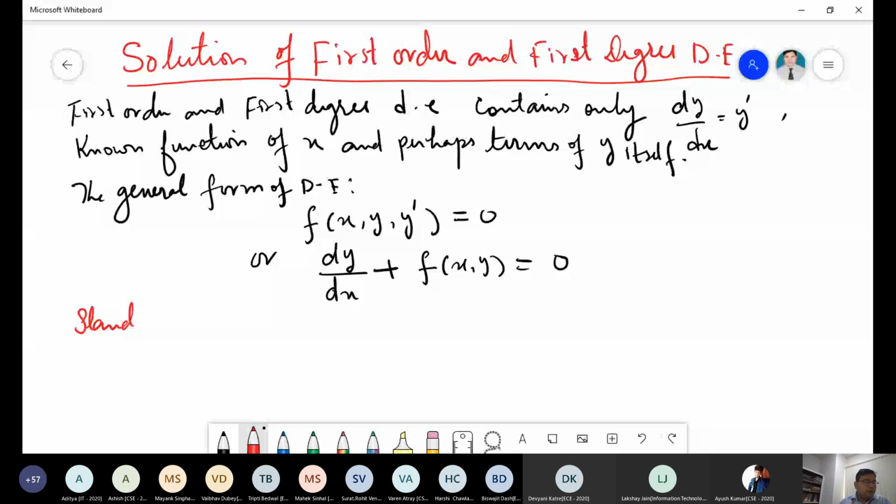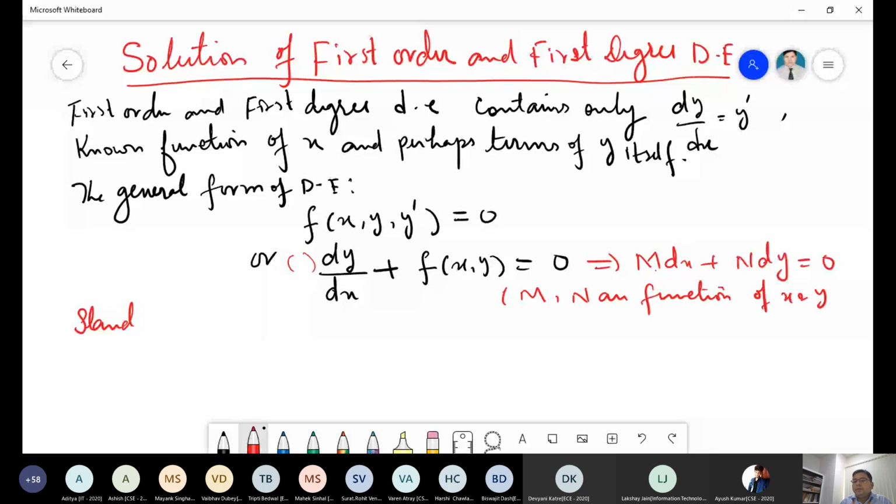Now see, this equation can also be written like that, because when dx will multiply, so there should be something like that. So M dx plus N dy equal to 0, where M and N are functions of x and y. So this is another way of representation of this first order first degree differential equation.